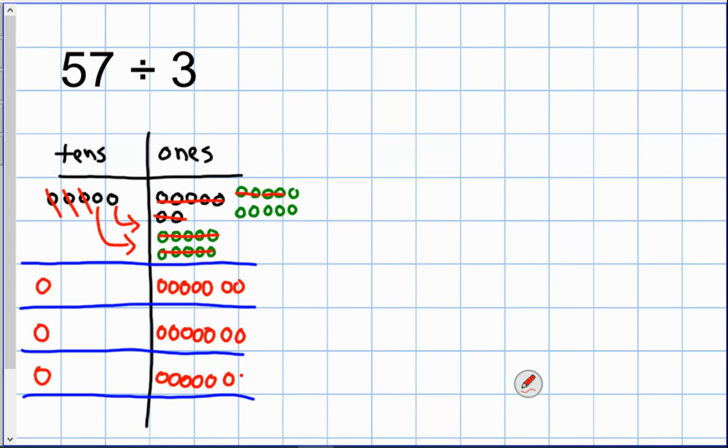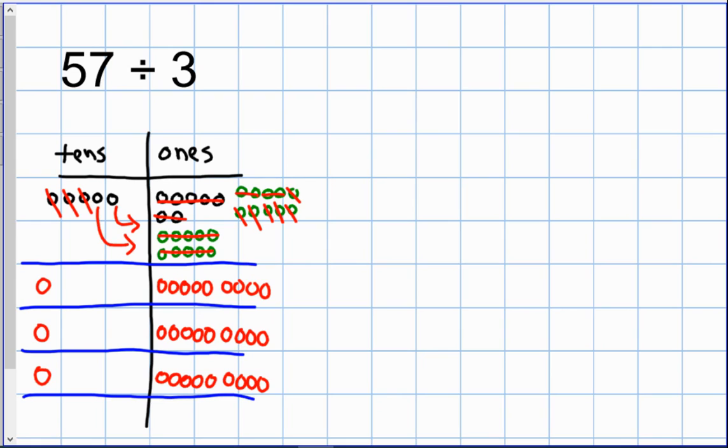I still have a few left. I'm going to do 1 at a time now. 1, 1, and I have 3 left. Well, that's good because I think I can put them here. All right. So I've divided everything I could.